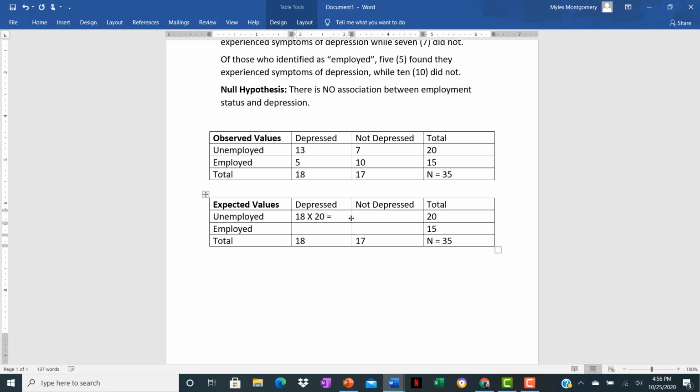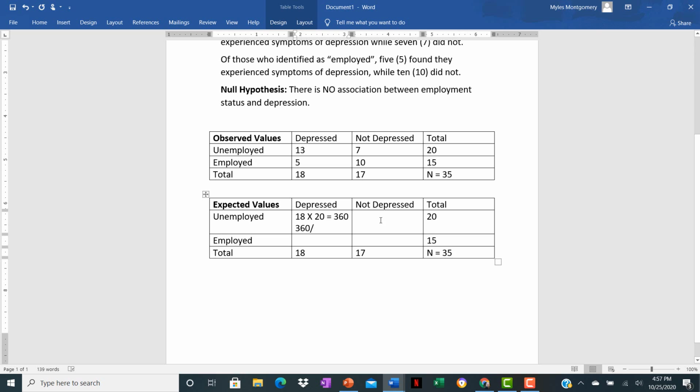If you were doing this math-wise, you might forget about that 0 for a second and say 18 times 2, which is 36. If we bring that 0 back, we have 360. Then we take 360 divided by n, which in this case is 35.